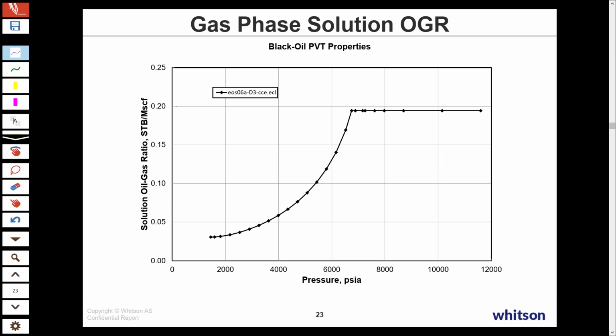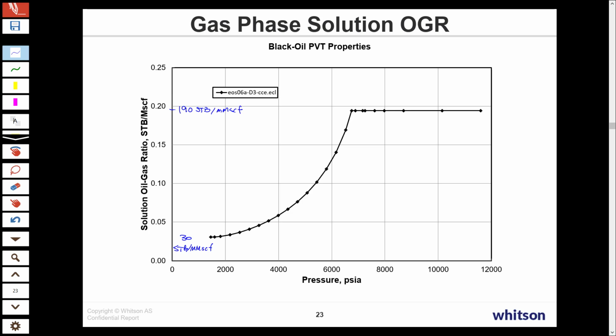It has initially 190 stock tank barrels per million standard cubic feet. That's a very rich condensate at initial dew point of about 6,400 pounds. It drops down to about 30 stock tank barrels per million standard cubic feet.